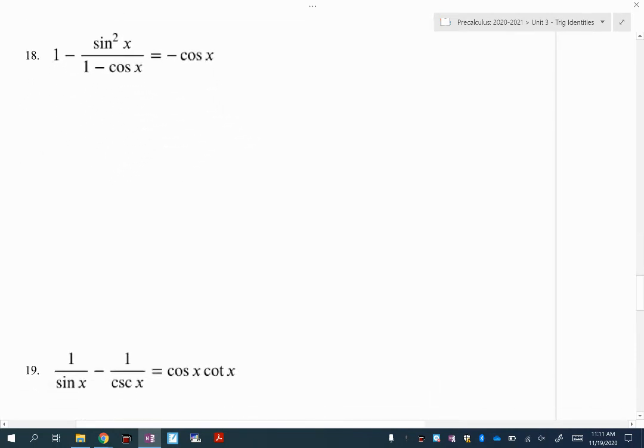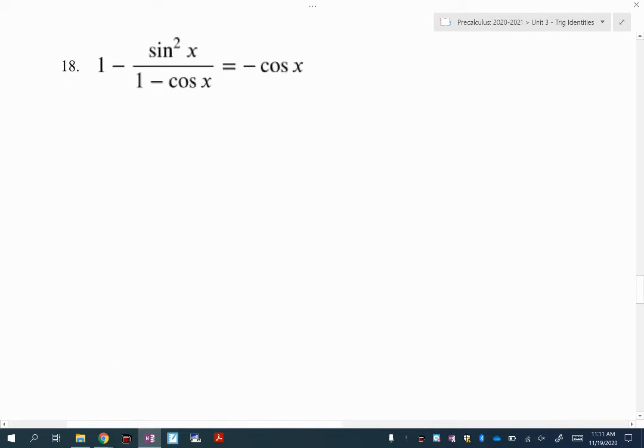So again, it's your choice. I just said verify, so you can choose whichever side you want to simplify to look like the other side. My recommendation is to pick the one with the most stuff. So when I look at 18, the left side to me looks like it has the most stuff. And I notice this is over 1.